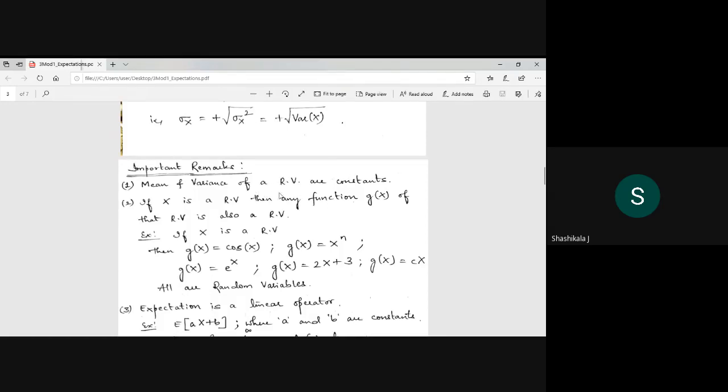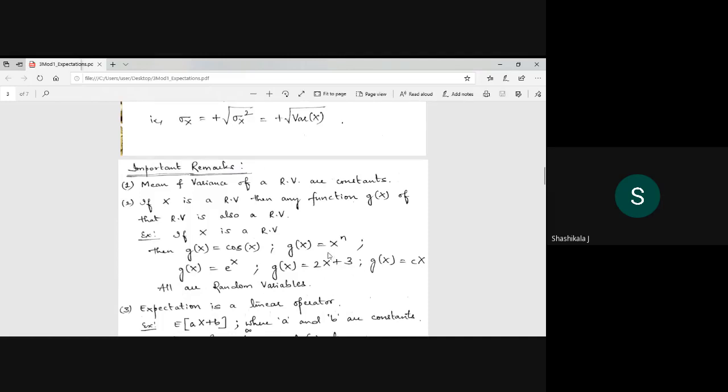Next, if x is a random variable, then any function g of x of that random variable is also a random variable. Whether it is a cos, an exponential, or any expression, it also becomes a random variable.